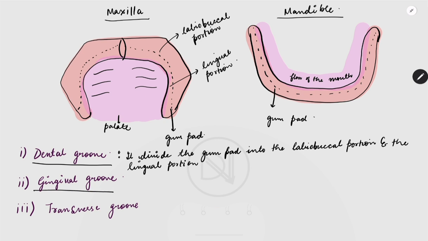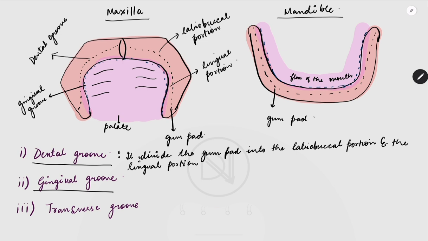Then comes your gingival groove. This section here which I am drawing is called your gingival groove. Here I am showing both in the maxilla and the mandible. So what does it do? This is your dental groove, and this one is your gingival groove.